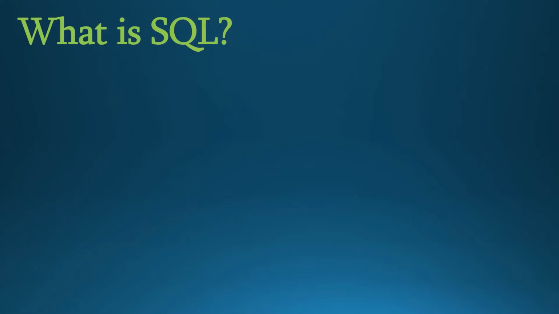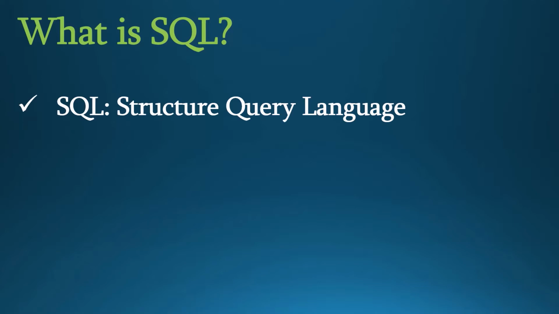SQL database is like your phone book or address book, which is very structured and well defined. While NoSQL database is like your Facebook likes or online shopping cart, which doesn't have a defined format. In formal terms, SQL is Structured Query Language.